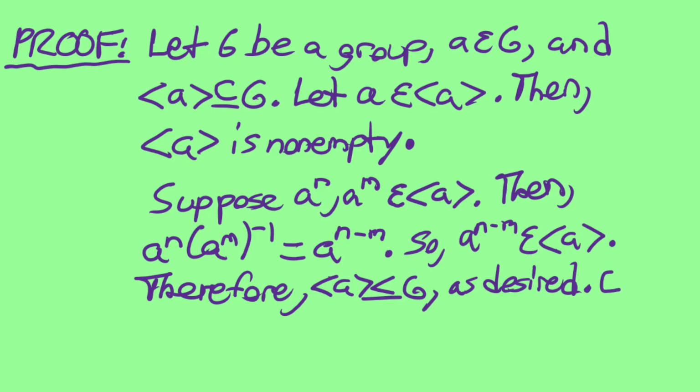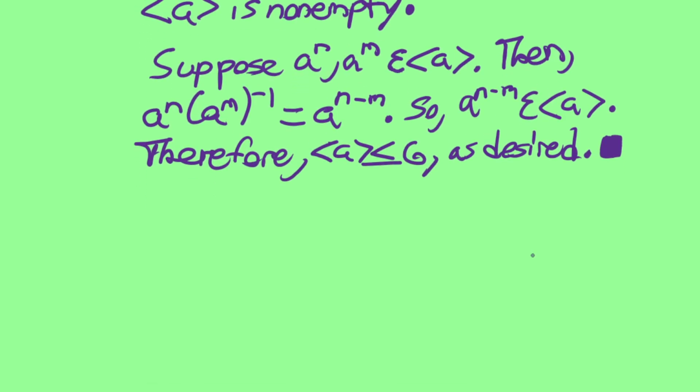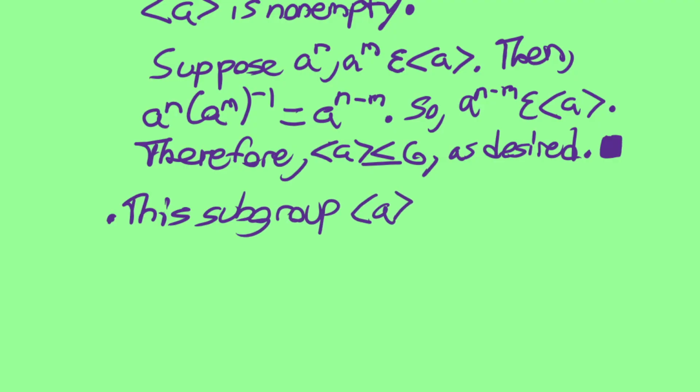Still haven't got the hang of drawing decent looking squares at the end of these proofs. I feel like I'm getting better. So this subgroup is called a cyclic group.